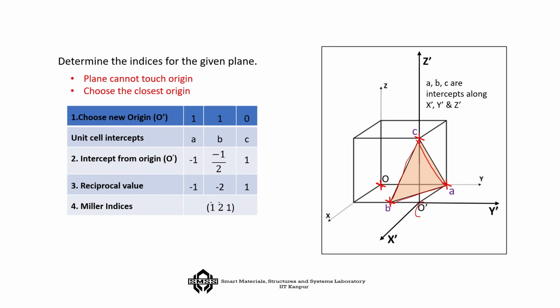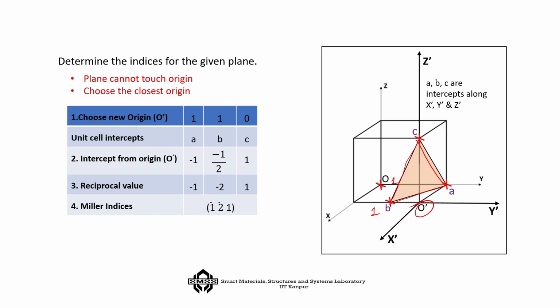Actually, this origin would have been closer. So, we can do an origin shift. So, choose a new origin. Now, what is the new origin's definition with respect to the old origin? In this direction it is 1 and in this direction it is 1, and the z axis 0. So, it is 1 1 0.